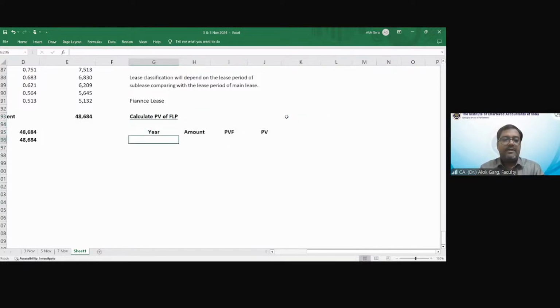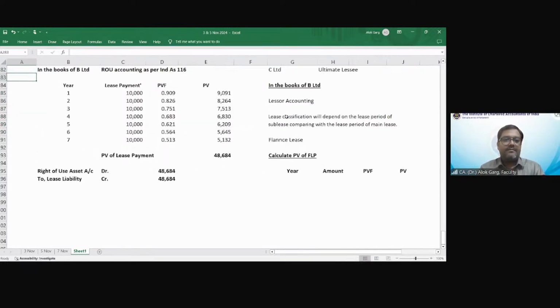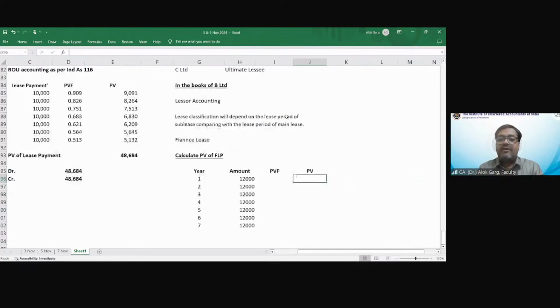Years, how many years? 7 years. What is the rent which B is charging? 12,000. A had charged 10,000, B is charging 12,000. What is the discount rate for B? All the parties discounted at 10%.